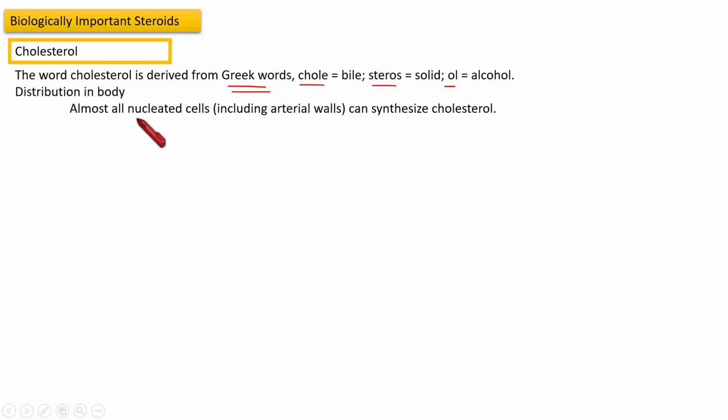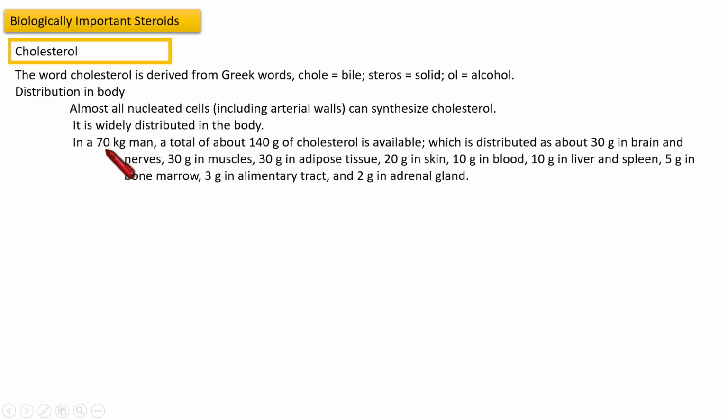Almost all nucleated cells can synthesize cholesterol. Understand? Almost all nucleated cells, which all cells have a nucleus, all those cells can synthesize cholesterol. And about its distribution, for understanding this distribution, we are considering a healthy man weighing 70 kg.